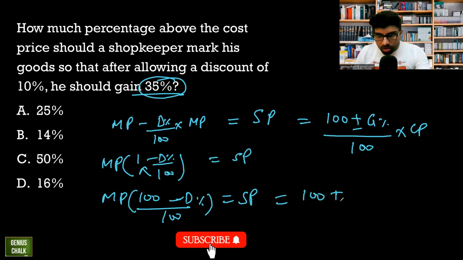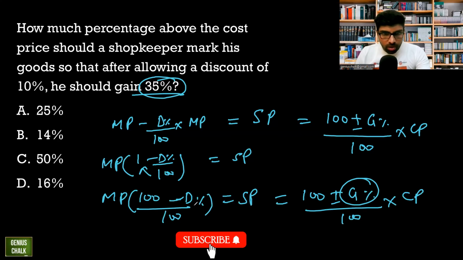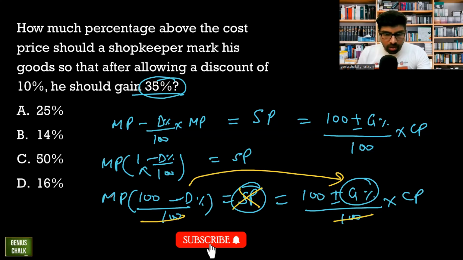Now, the other expression is (100 plus or minus gain percent) by 100 into cost price, where the exact gain percent is written. So this is the concept. You can see selling price is coming in between, so we can equate these two. If you equate these two, the 100 gets cancelled.